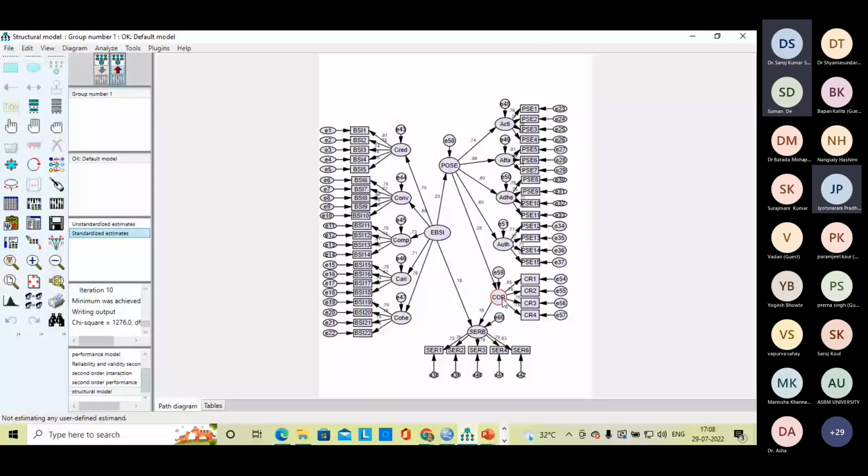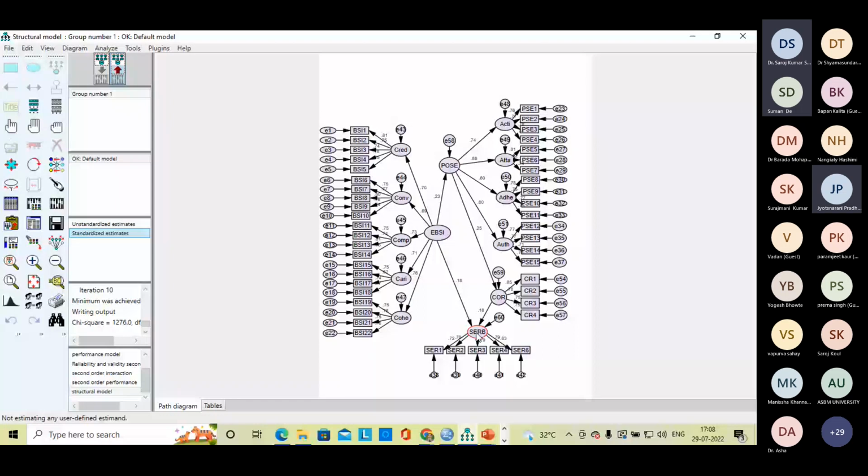So this is called a serial mediation model. EBSI to POSC to COR to SER is the indirect path. What is the direct path? The direct path is EBSI to SER. That means if buyer-seller interaction is effective, it can directly have an impact on sales employee retention.